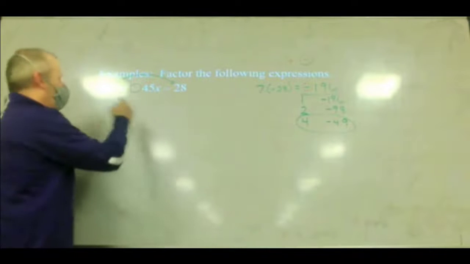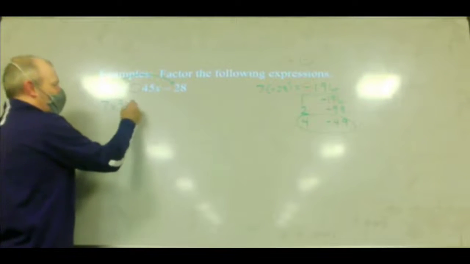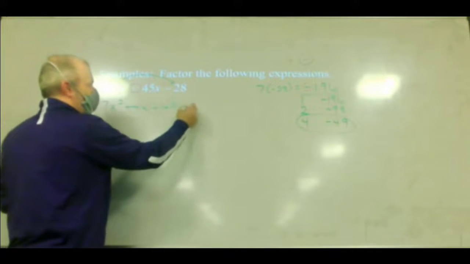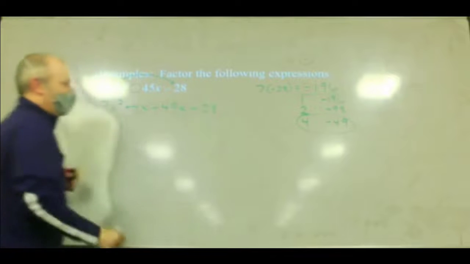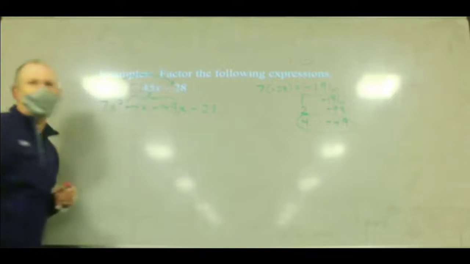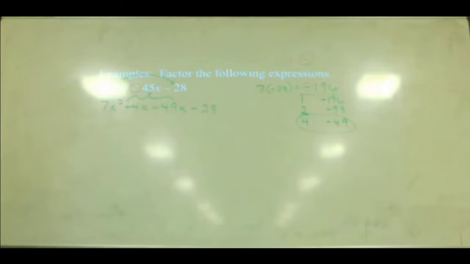So remember now we're going to rewrite this: 7x squared plus 4x minus 49x minus 28. And again, just to emphasize, we're not making up things. The reason we can do that is because those two together equal the middle one. We're breaking that middle one into two convenient parts.